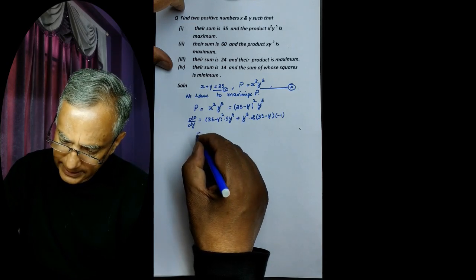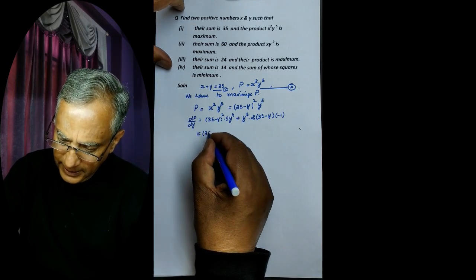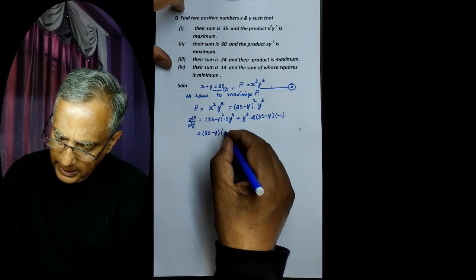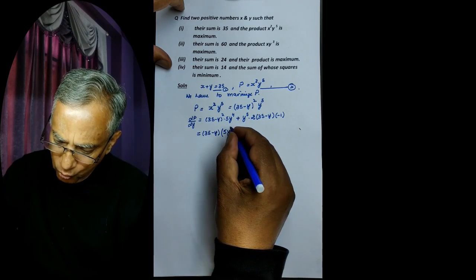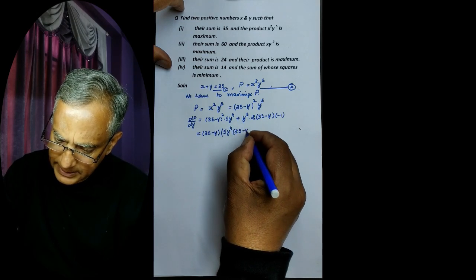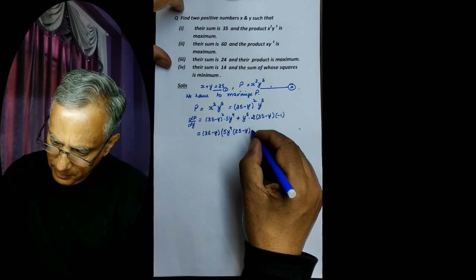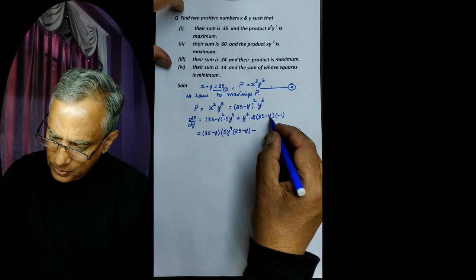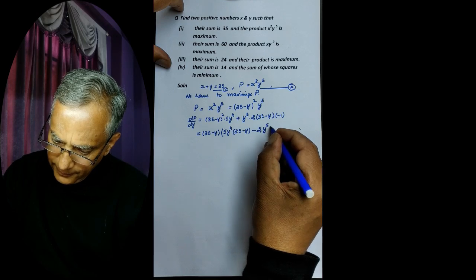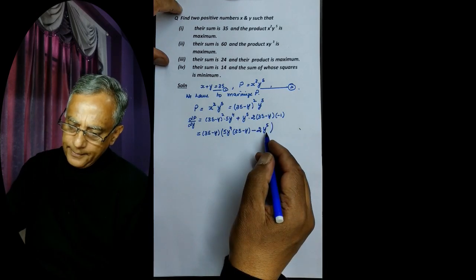So what we get is, 35 minus y is common and we are left with 5y^4 into (35 minus y) minus 2y^5.